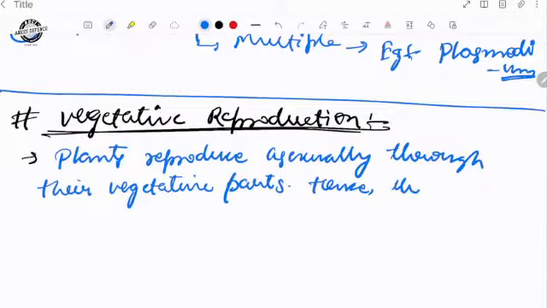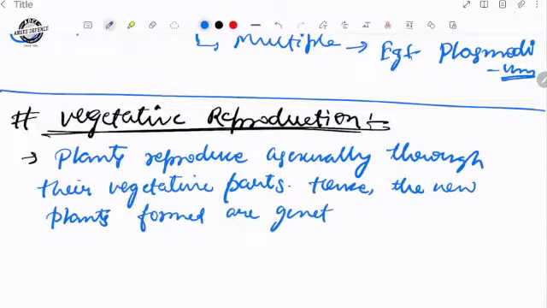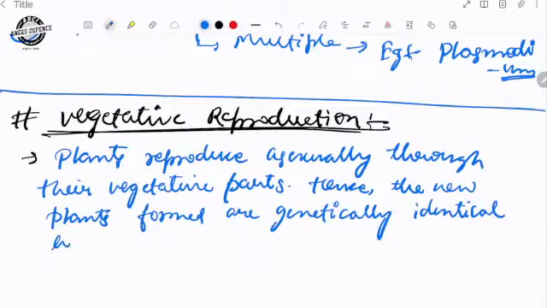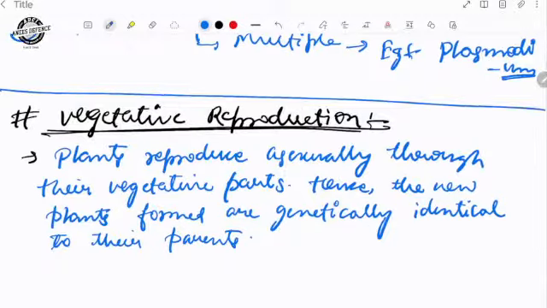Hence, the new plants formed are genetically identical to their parents. Okay, this is the definition of vegetative reproduction.